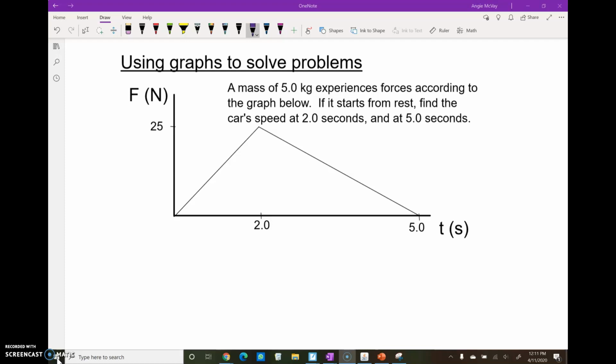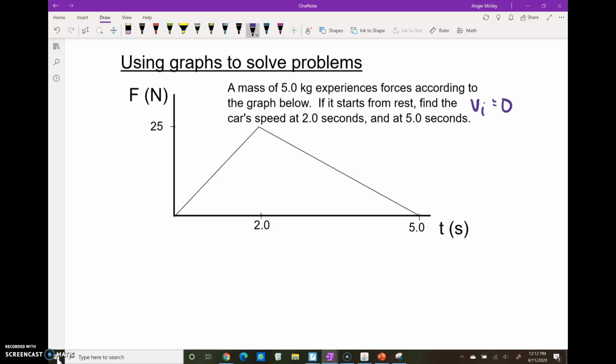So if we take a look at this graph, we see a changing force being applied to a mass of 5 kilograms. Okay, it reaches its peak force exerted at 2 seconds, and then it goes back to 0 force after 5 seconds. And if we start from rest, so our V initial is 0, what is the car's speed at 2 seconds and at 5 seconds?